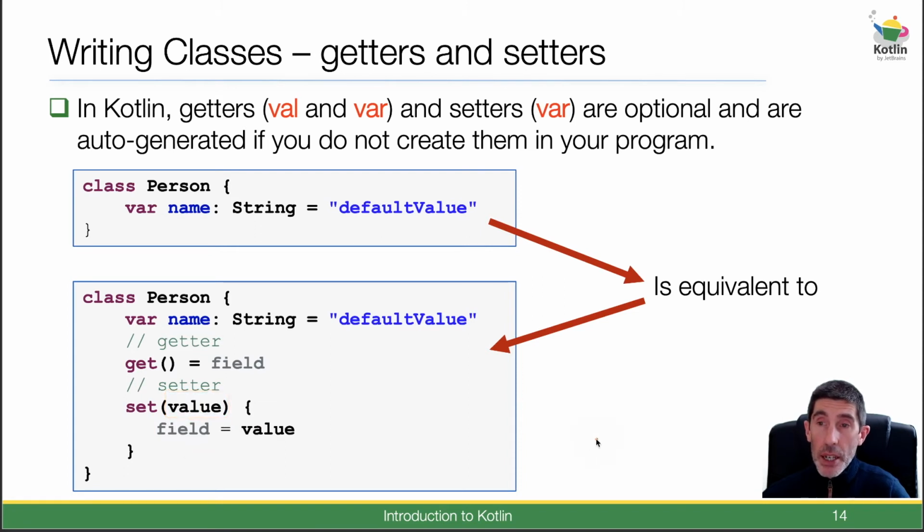Again, not very common, but it's available for you to override those getters and setters. But by default, when we say var name, that's public, so we can get directly at name without having to go through our getters and setters.